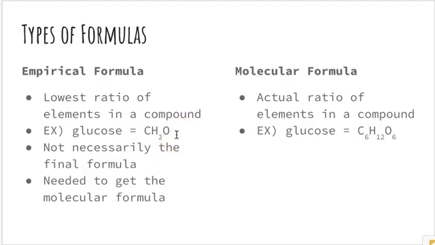But we don't write the 1, so it would just be CH2O. So again, going from C6H12O6 down to CH2O. Empirical formulas are like, in math, when you reduce something, it's the lowest common denominator reduced down as far as you can.